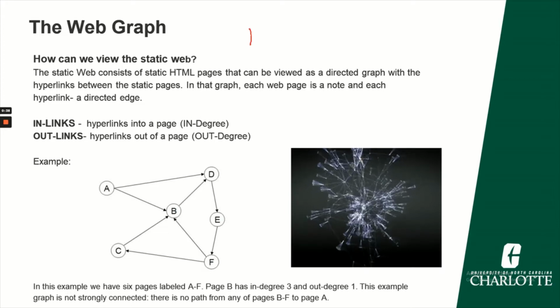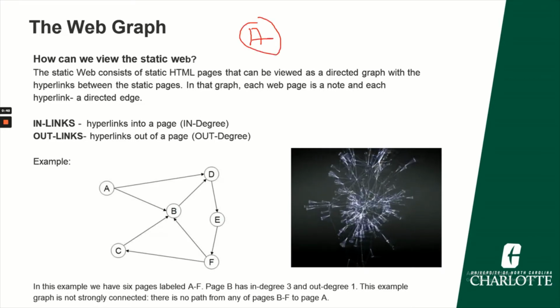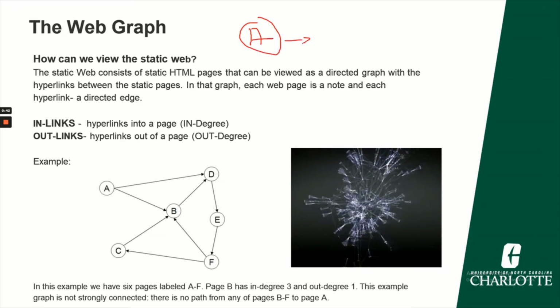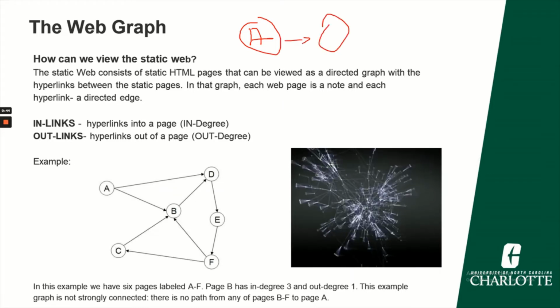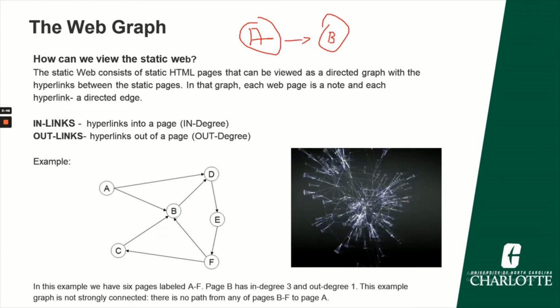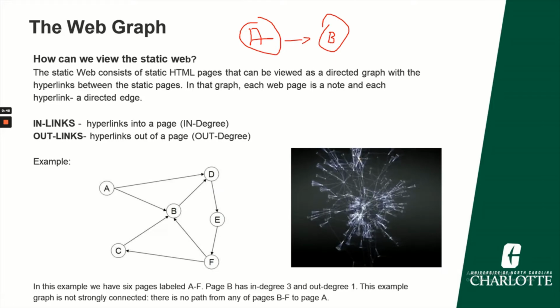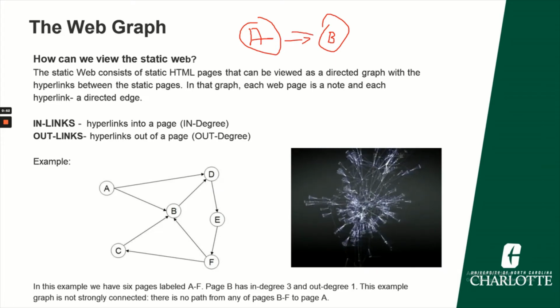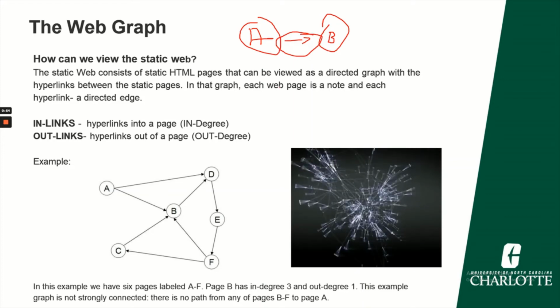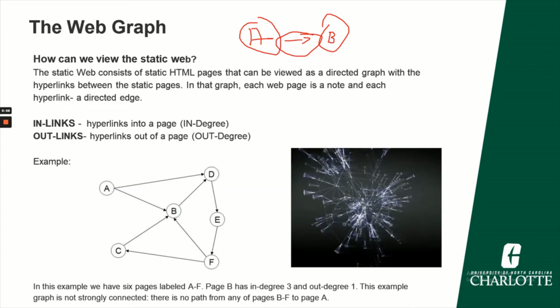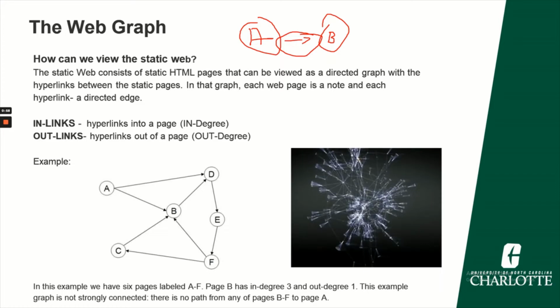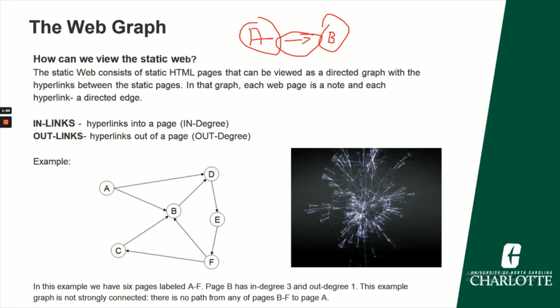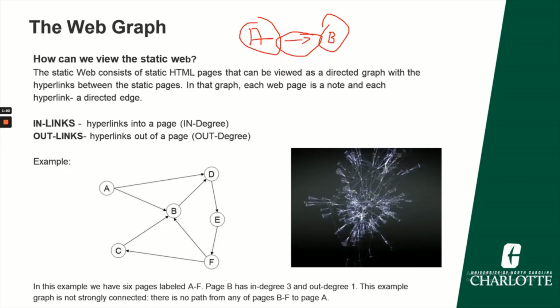Imagine that page A is a static page that leads to another page, page B. This one will be a node, this one will be another node, and this link in between will be the hyperlink pointing from one page to another. The set of all of those pages creates the directed graph.